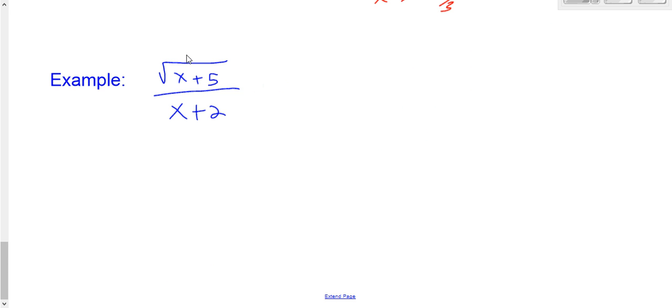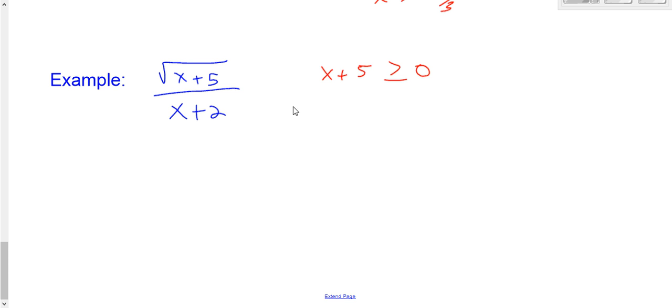Last but not least, we have this example where we have more than one restriction involved. In our numerator, we have a radical, which means the x plus 5 has to be greater than or equal to 0. In the denominator, we have x plus 2.